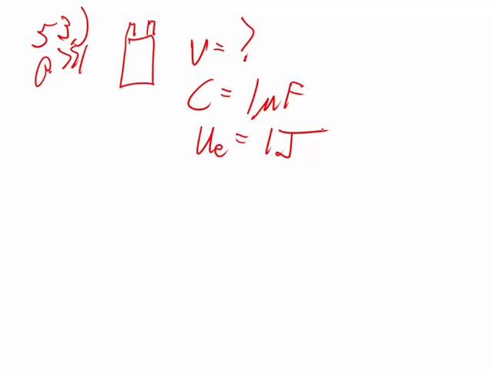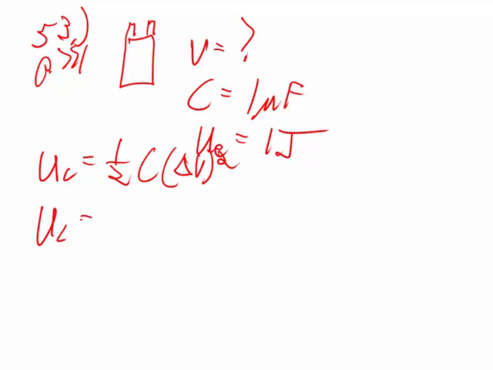If we look at equation 21.22, we see that the electric potential energy of a capacitor is equal to 1/2 times the capacitance times the change in voltage squared. Can everybody see that? Let me write it again. Electric potential energy of a capacitor is equal to 1/2 the capacitance times the change in the potential difference, or the change in voltage, squared, okay?